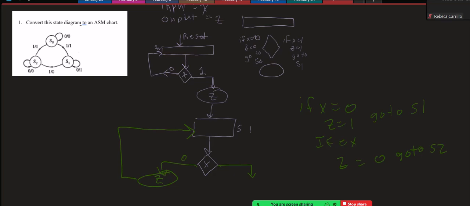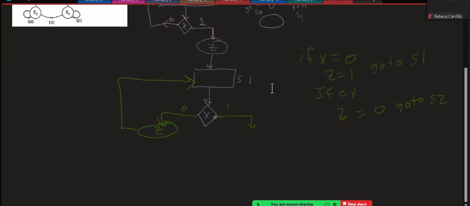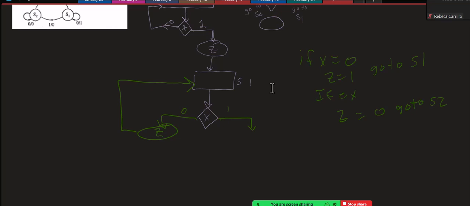I have my symbol for 1. If x is 1, then z is 0, so I don't put in my symbol for z. I can just go straight to S2. That's weird. Yes, that is weird. I had forgotten that. So z showing up is output 1. Yes.